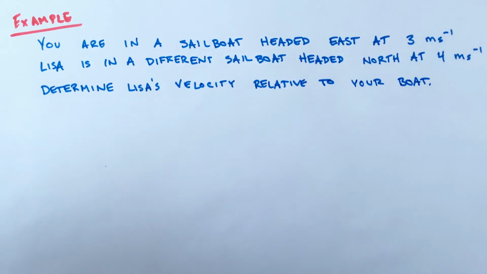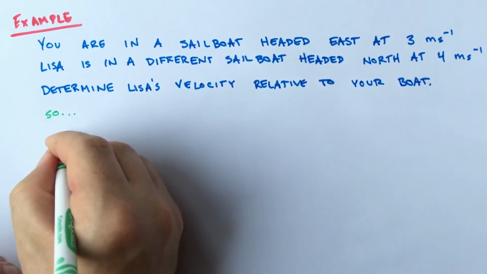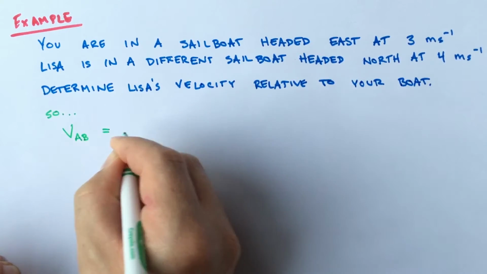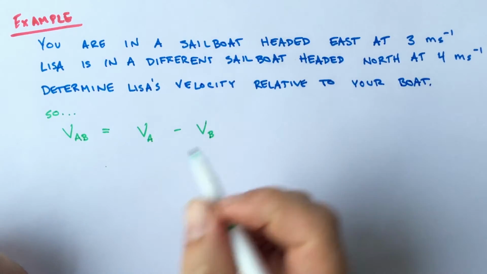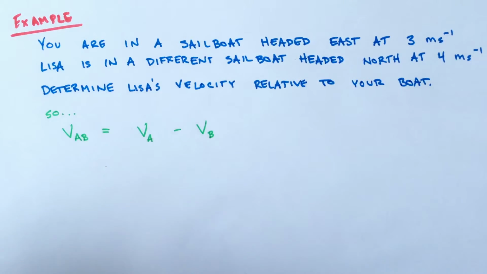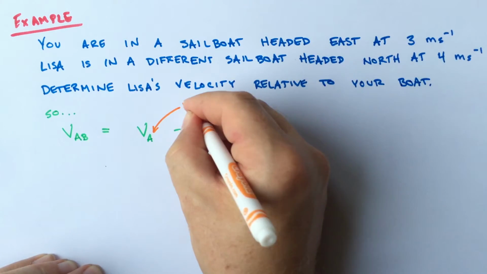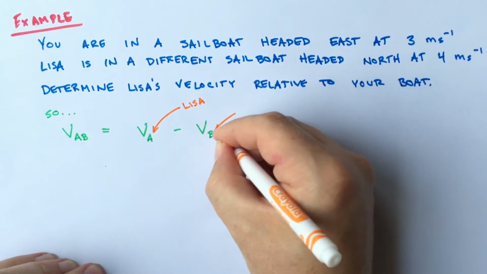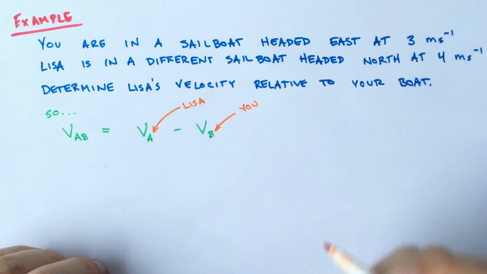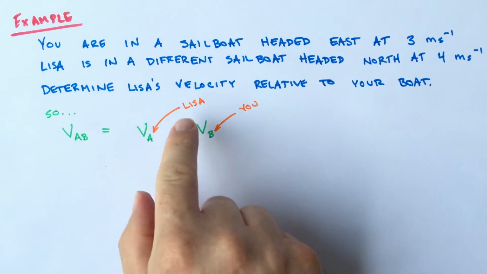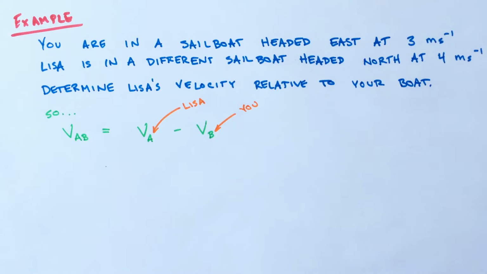So, in looking at this problem, the velocity of AB is equal to the velocity of A minus the velocity of B. And in this problem, this is the velocity of our object that we're looking at, and that is Lisa. And this is the velocity of our observer, and that is you. So this is, what is Lisa's velocity, take away your own.